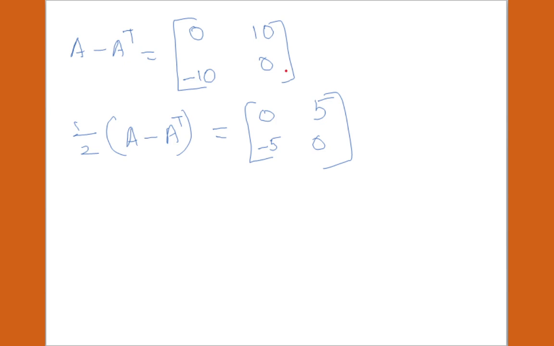See, this is skew symmetric. The position is A12, and this is A21. Here A12 is equal to minus A21. So this is skew symmetric.